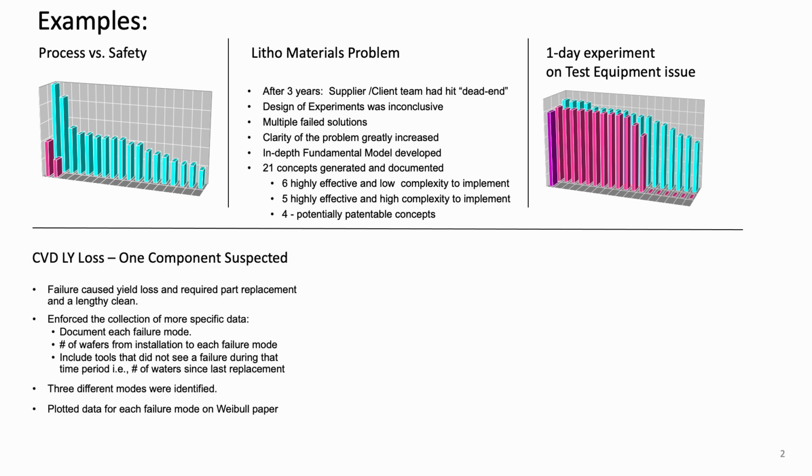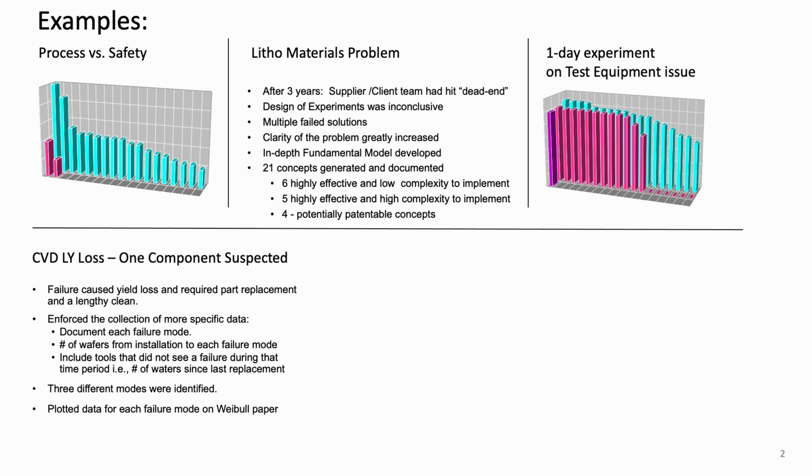Another one with CVD yield loss. There was one component suspected to be the culprit. This failure caused yield loss and required part replacement and lengthy cleans. We needed to enforce the collection of more specific data, documenting each failure mode instead of just the general failure.